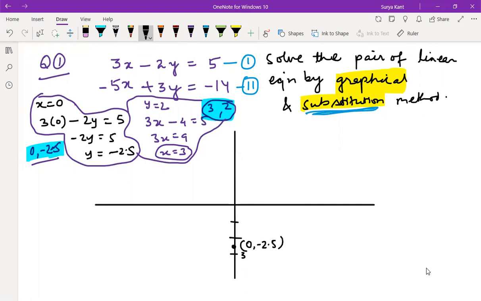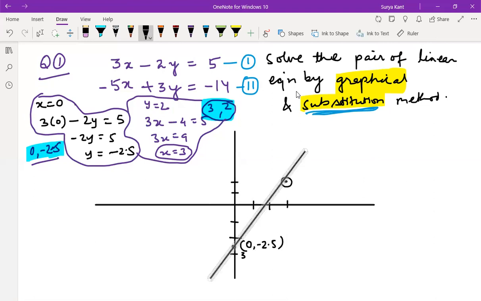And next, if x is equal to 3, y is equal to 2. x is equal to 3 means 1, 2, 3, and y is equal to 2. We just put a point here. Charan, you understood? We are getting 2 points over here and we have to match this.